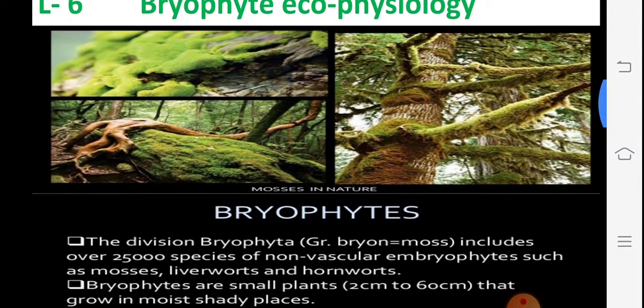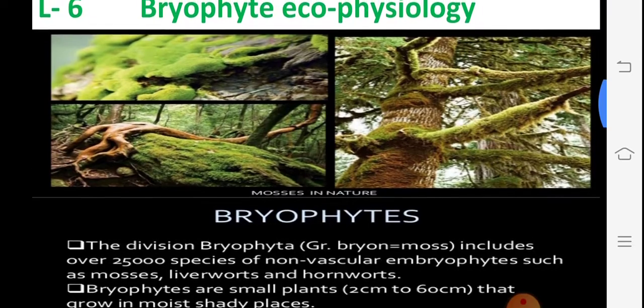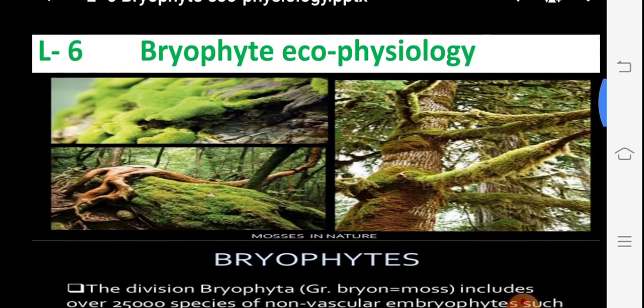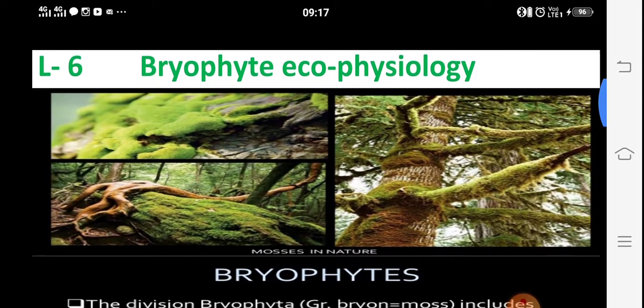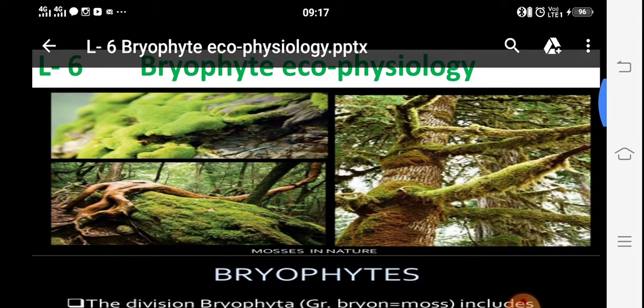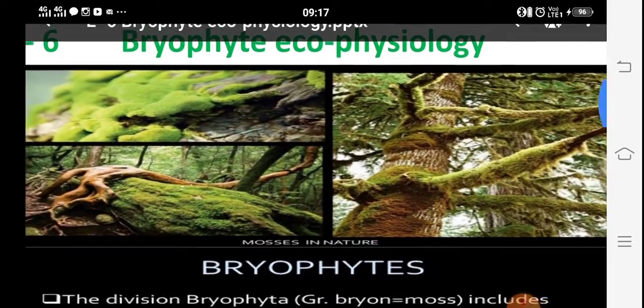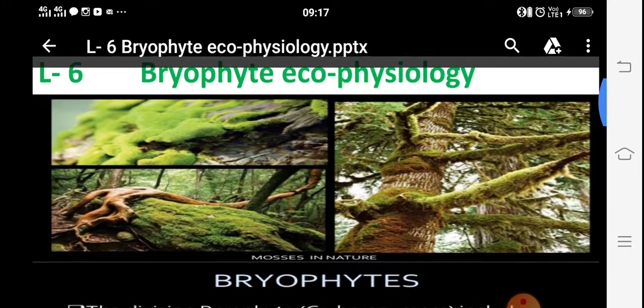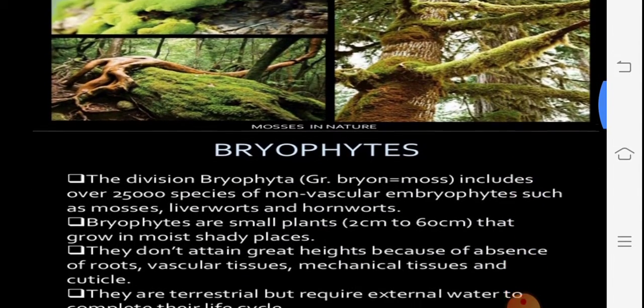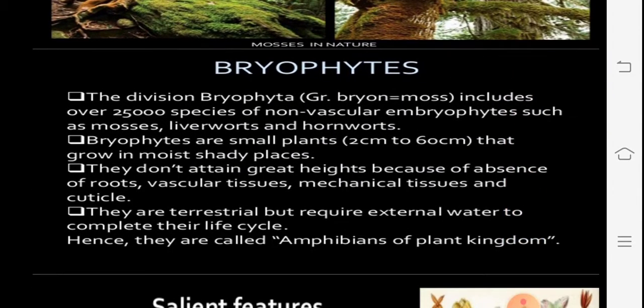So it is a very interesting part. So you see these are called trumps, trumps, that is the buttress region, the basal part of the large trees, you are observing here. They also show the specific type of bryophytic development.